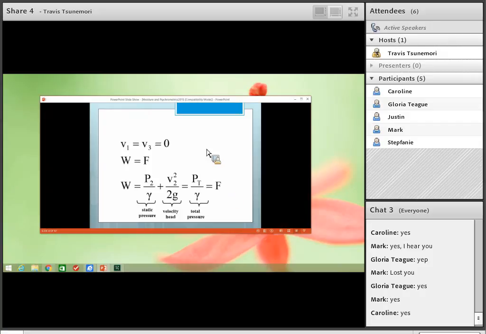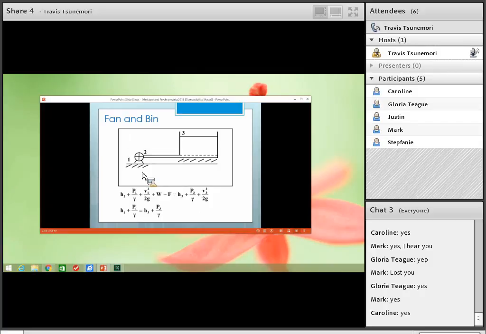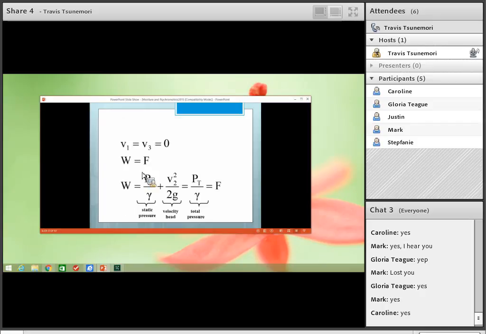And if we look at the velocity at 1 and the velocity at 3, those are 0. Because at 1, we're assuming the air isn't moving yet because it hasn't been through the fan. And at 3, that's a Q equal VA thing where the cross-sectional area is so large that the velocity is essentially 0. So what we're left with is W equals F, so that the fan work that goes in has to equal the friction loss through the system.